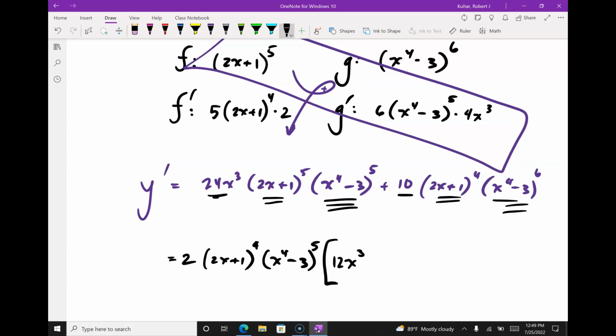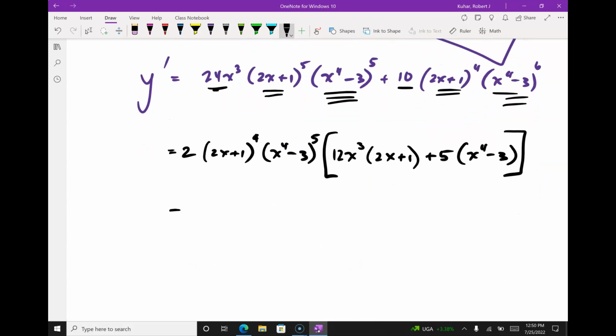12x cubed times (2x plus 1) plus 5 times (x to the 4th minus 3). Everybody agree? Anyone in disagreement? I want to finish that set of square brackets up, see what happens.